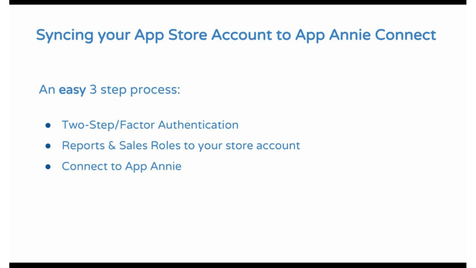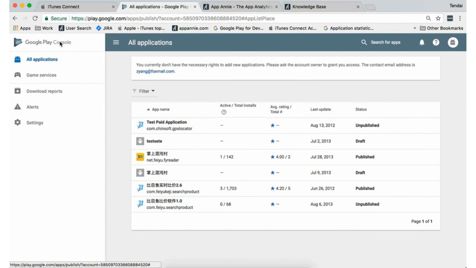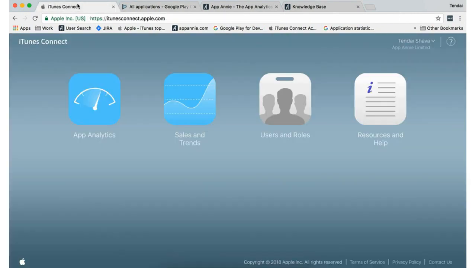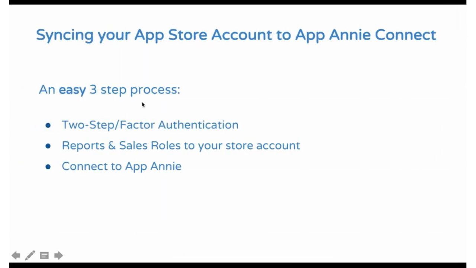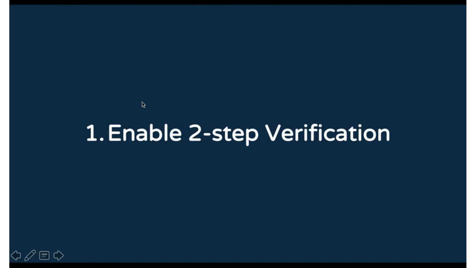Secondly, you will need to make sure that you have your reports and sales roles on your store account. Just to show you real quick what I mean by that, in your account, you will need to make sure that your user has been given access to the sales role.